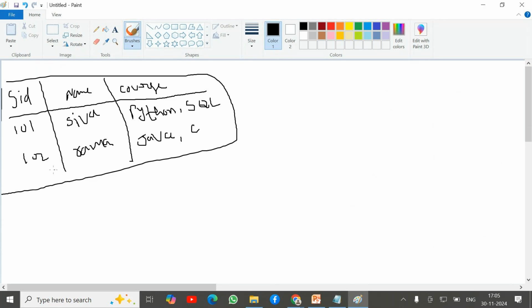Now I am applying the 1NF. What is 1NF? Every column must contain only one value per row, and there should be no multiple entries or set of values in a column.